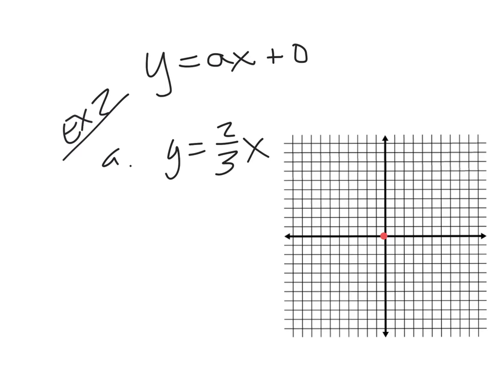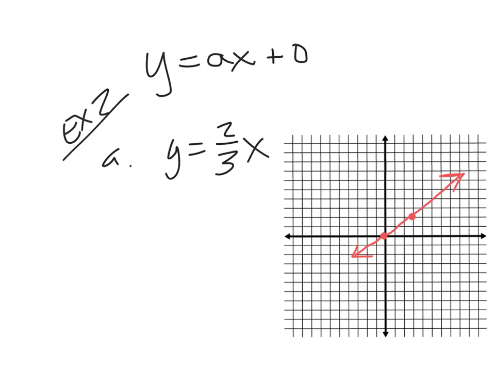Oh, I missed. Try that again. Closer. All right, graphed. So graphing direct variation equations should be pretty quick because you always put the first point in the origin, 0, 0, and then you just use your slope, graph it, and you're done.